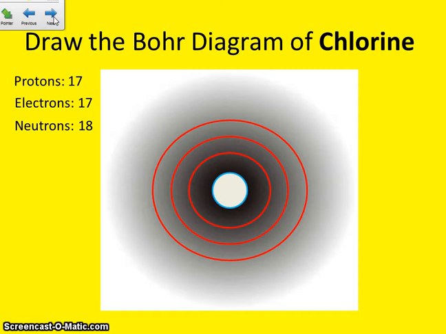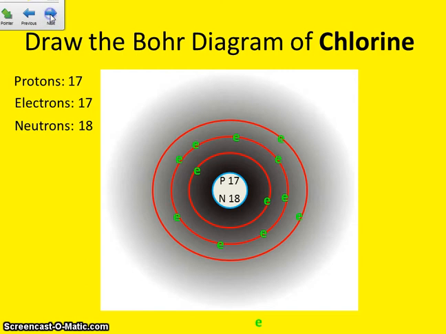So you then add these parts to your atom, protons and neutrons in the nucleus, and we start adding our electrons. 1, 2 in the first ring, now it's full, we spill over to the second ring. 3, 4, 5, 6, 7, 8, 9, 10 total, but 8 of them are in the second ring. Remember, 8 is all this ring can hold, so we're going to need to spill over into the third ring. We have 10 so far on our drawing.